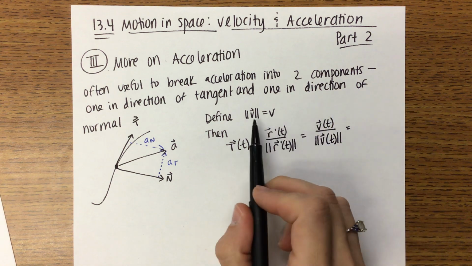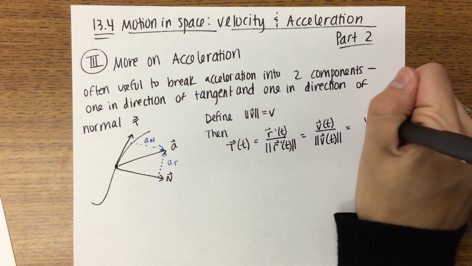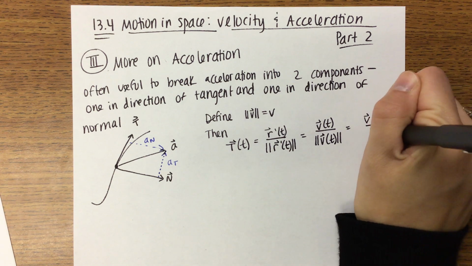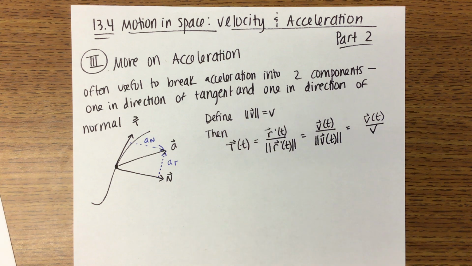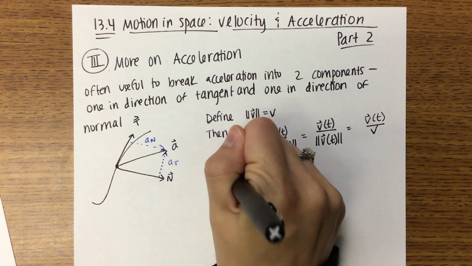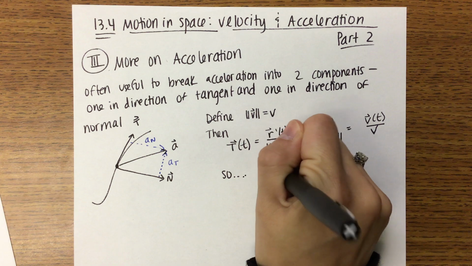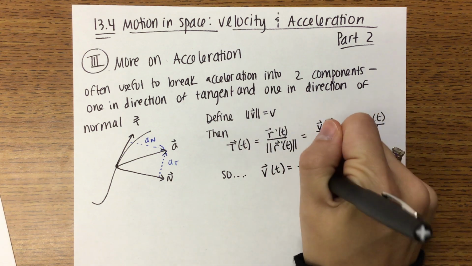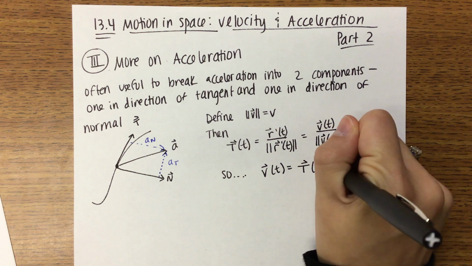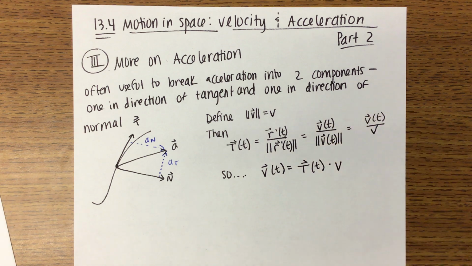But what we just wrote above is that the norm of velocity we're going to call v, again keeping in mind that v is the norm of v. So that tells us that the velocity vector can be expressed as the unit tangent vector multiplied by v.